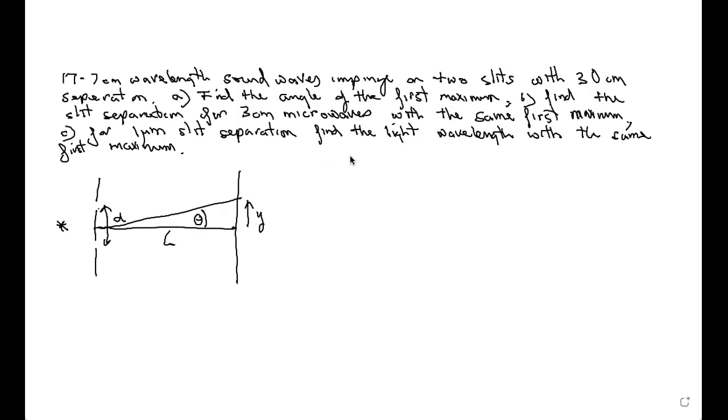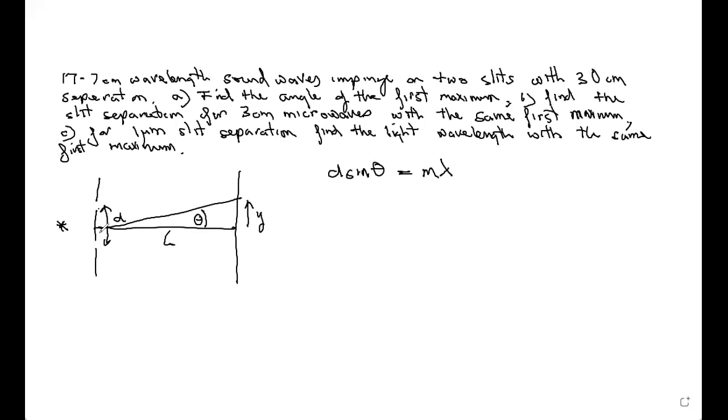So the basic equation for the location of the bright fringes in the two-slit experiment, the direction, the angle of the bright fringes in the two-slit experiment is that d sine theta equals m lambda. In this equation, d is the slit separation.